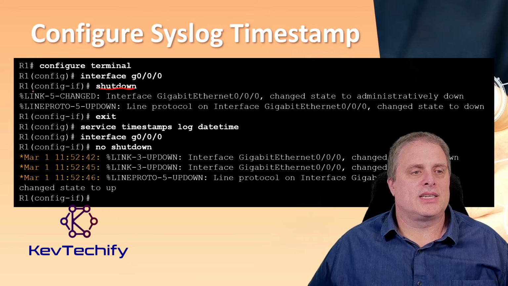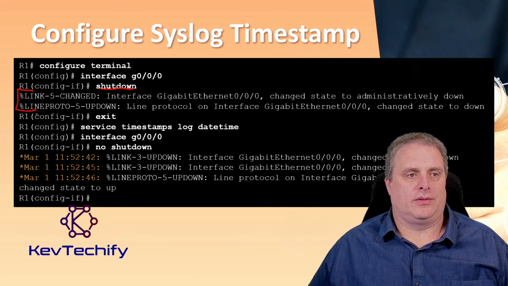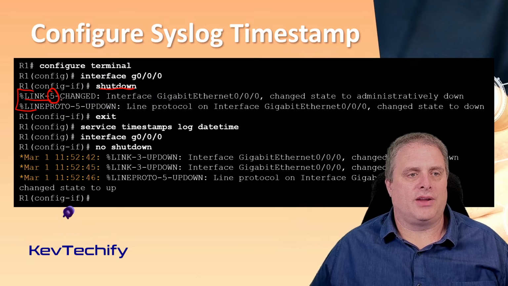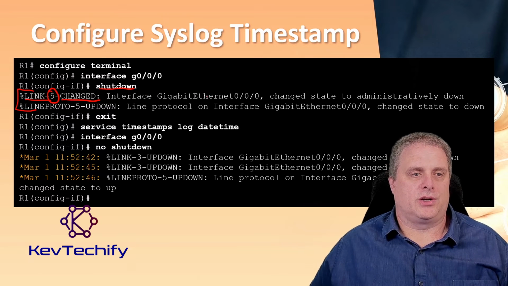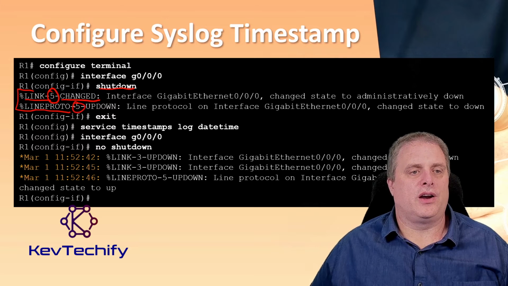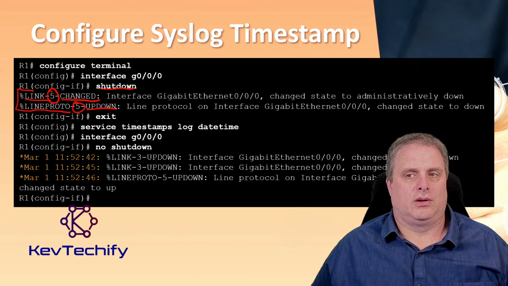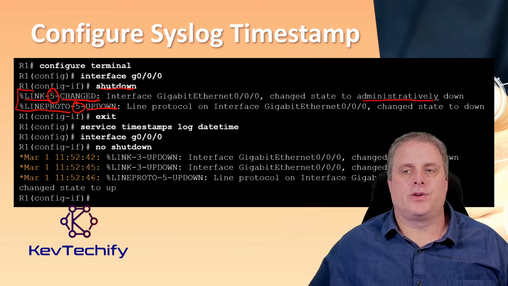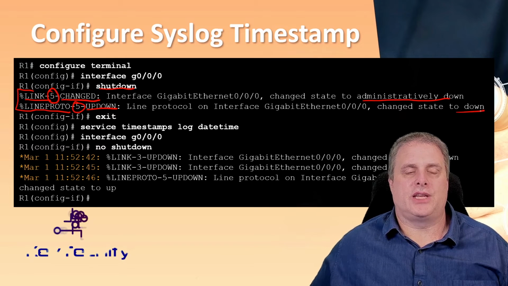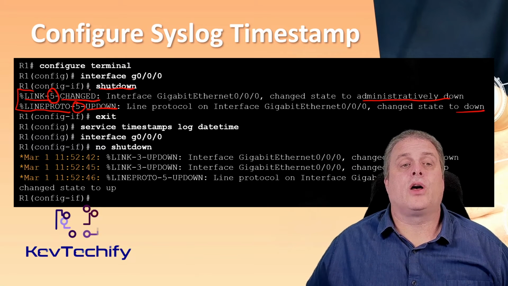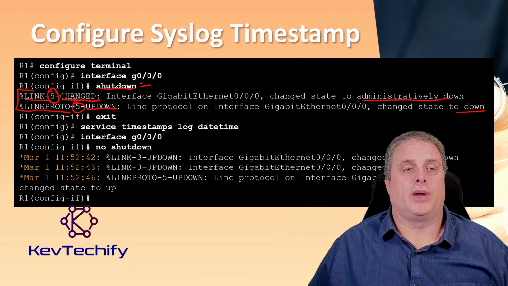We get a system message update. And this is the syslog here. And so we have the link here, we have the severity of 5, and it changed, and then we have our description. Then we have line protocol, the severity of it, and up, down. And basically we went administratively down, and we changed the state to down.